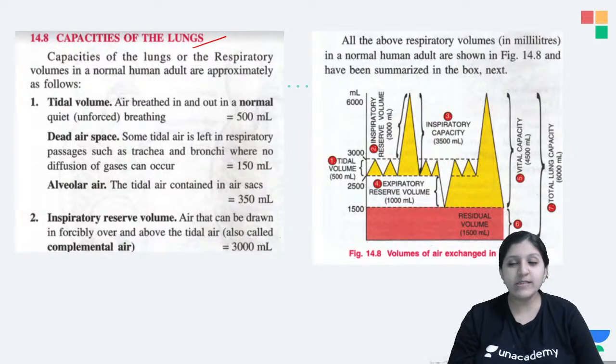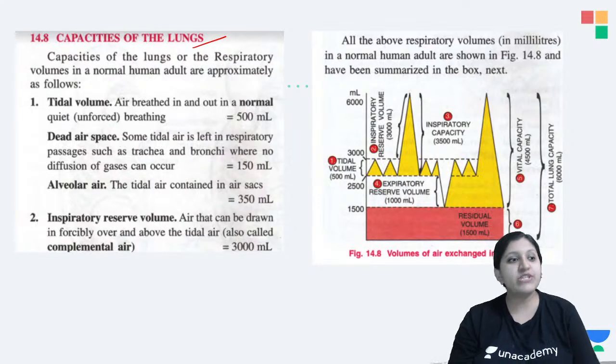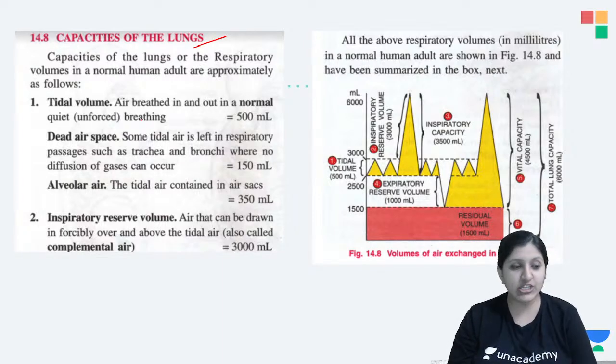We also saw the mechanism of breathing, the respiratory cycle, and the muscles involved, the external and internal intercostal muscles. Their contraction and relaxation make air move in and out, leading to inhalation and exhalation. We saw this process in the last class.